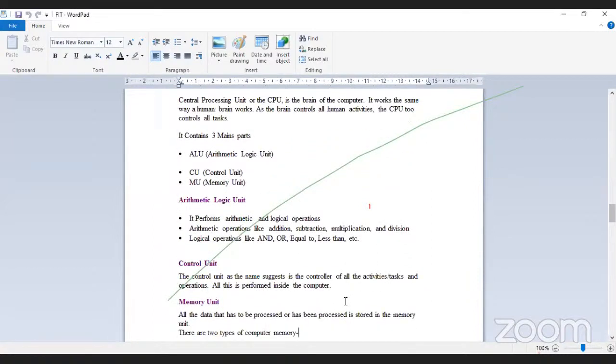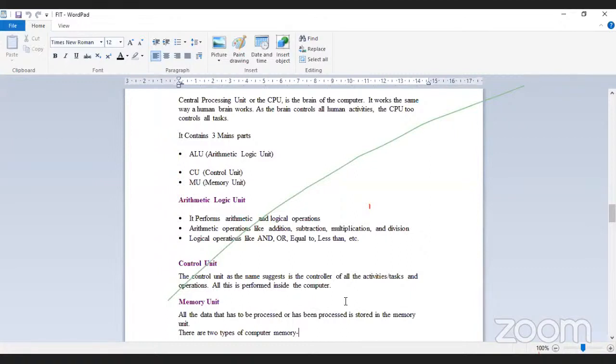Next one is the control unit. What is the meaning of control unit? The name itself is suggesting it. When a number of things are happening, if I want perfection, a controlling mechanism is required.